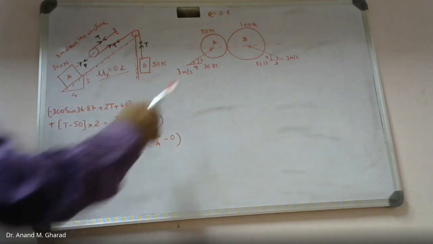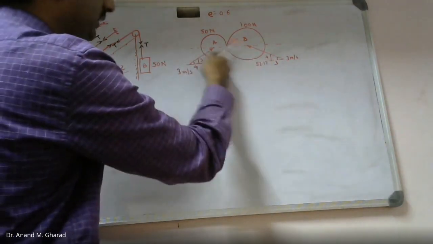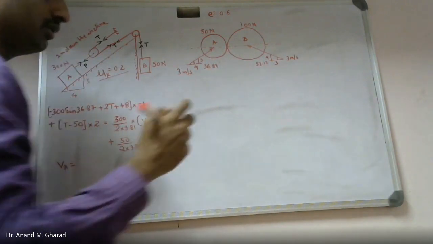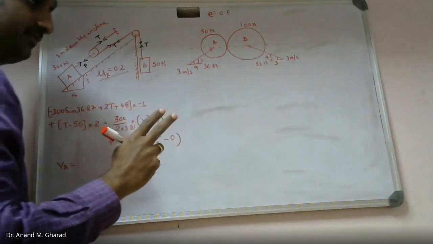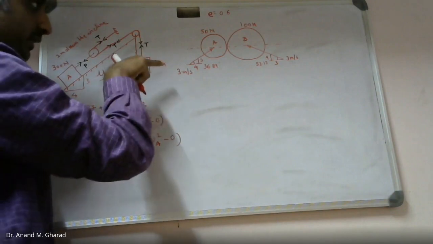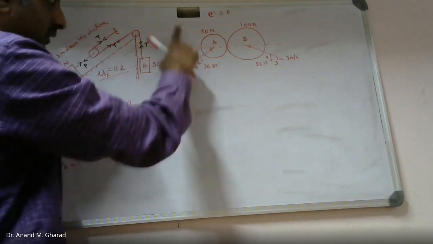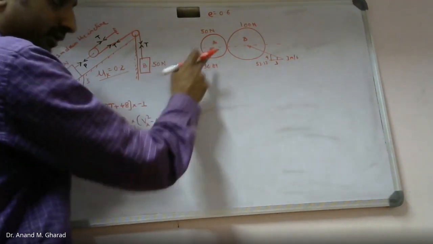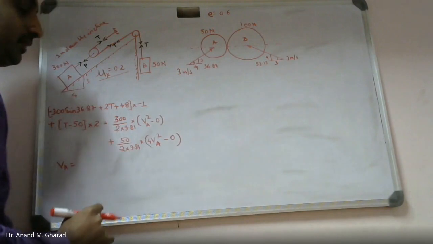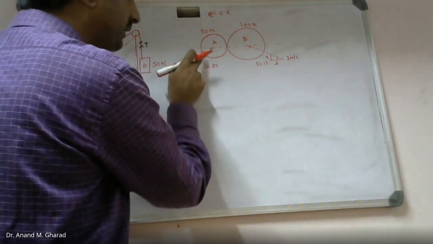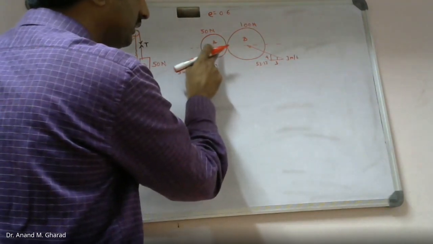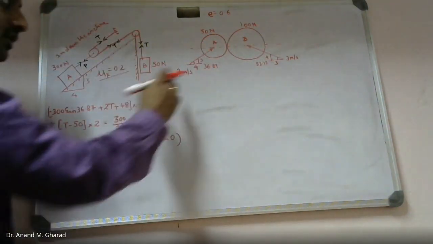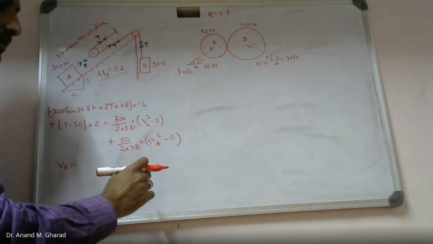Now see, based on these oblique velocities, you may experience two forces. One force will be acting in the horizontal direction, another in the vertical direction, isn't it? Since it is oblique, inclined. But the direction of impact, as you can see over here, is happening in the horizontal axis only, not in the vertical axis. Okay?